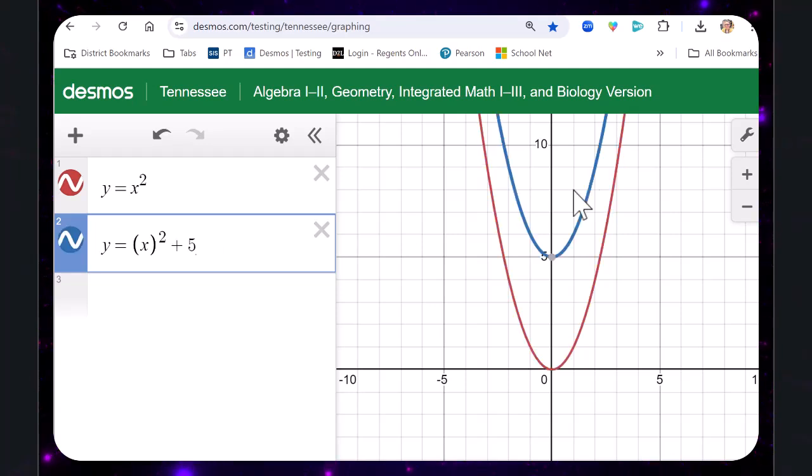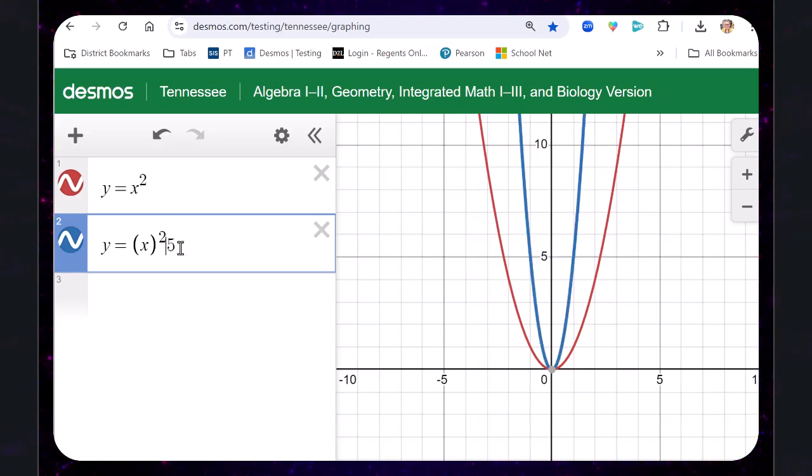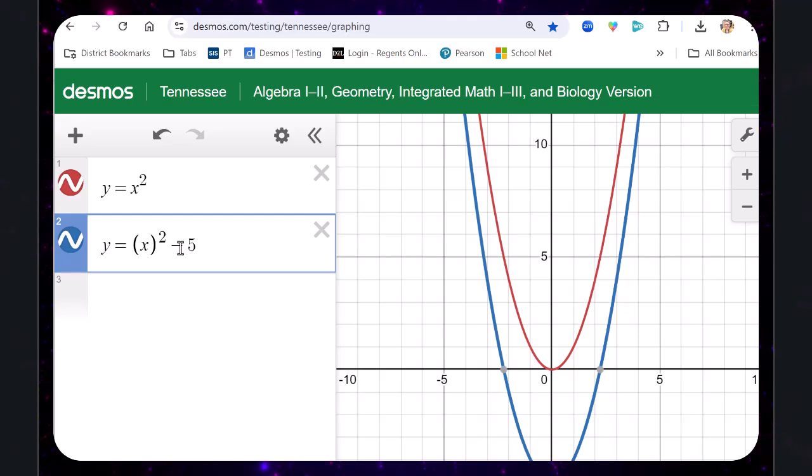All of the individual points in the red graph have now shifted up 5. It looks like the shape of the graph has changed. It has not. It has just gone up. Now, if you subtract 5, that's going to have the same effect, except it's going to move all of your y values down. So subtracting from your function is going to make it go down.